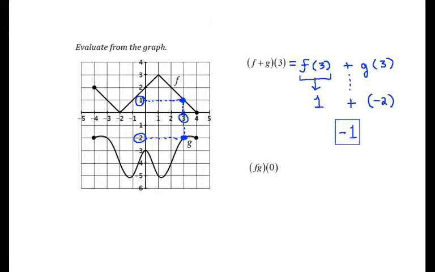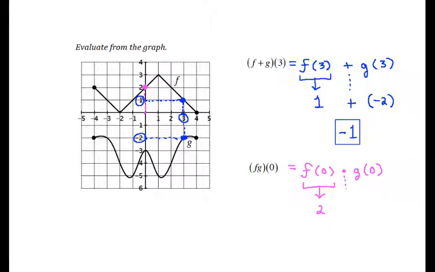We can switch colors now and do f times g of 0. Try pausing this and doing it yourself first, and then check to see if you get the same answer I do. I'll write this as f of 0 times g of 0. Starting at x equals 0, trace up to the function f, and I can see that f of 0 is equal to 2.